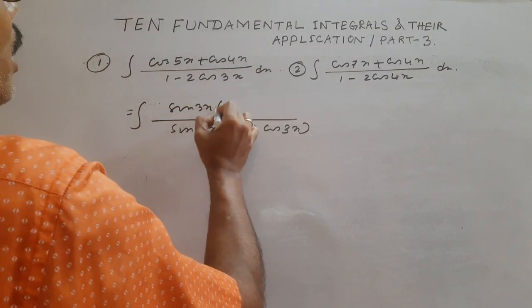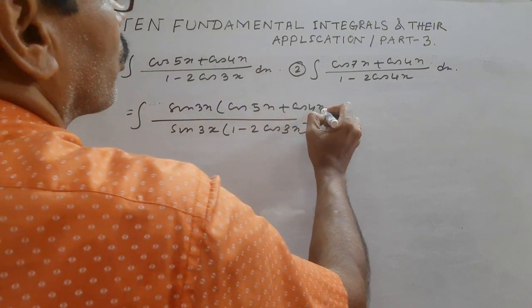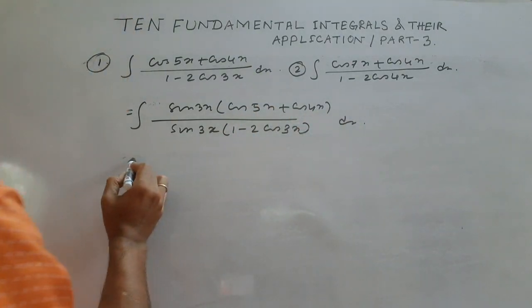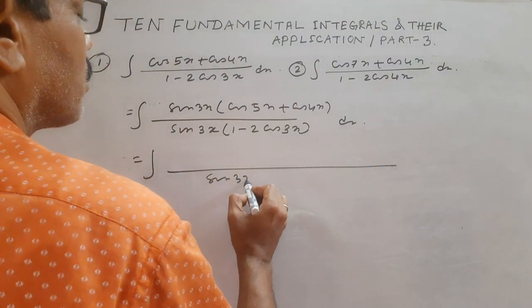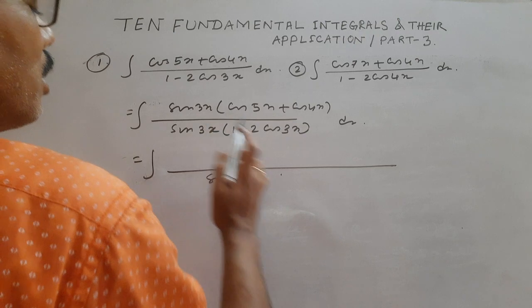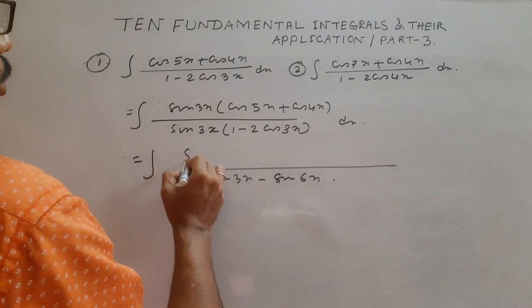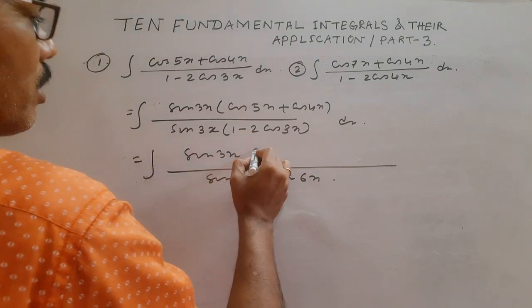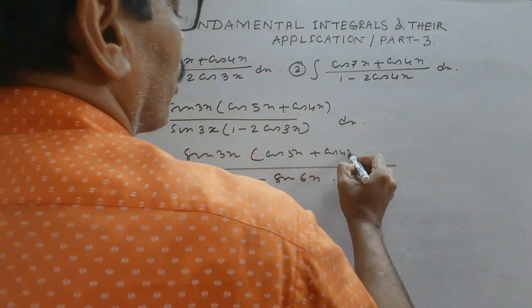So sin 3x, cos 5x plus cos 4x dx. Now the formula of sin 3x, this is sin 3x minus 2 sin 3x cos 3x, this is sin 6x. And it is, suppose, sin 3x and cos 5x, cos 4x.